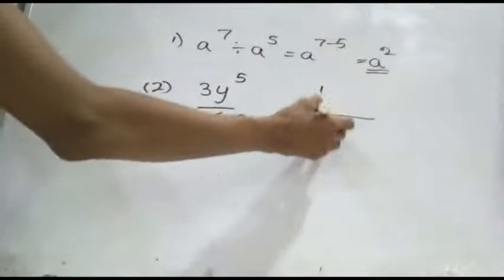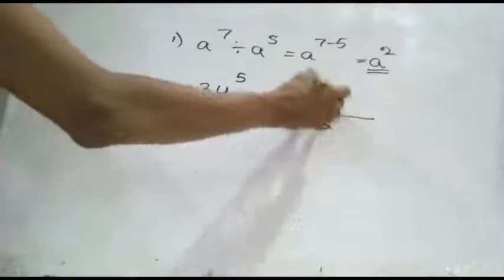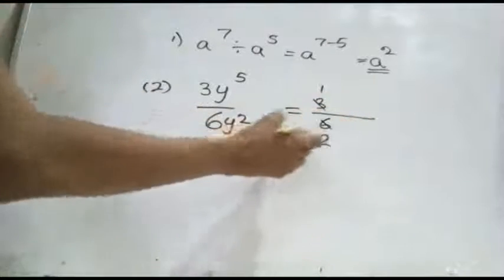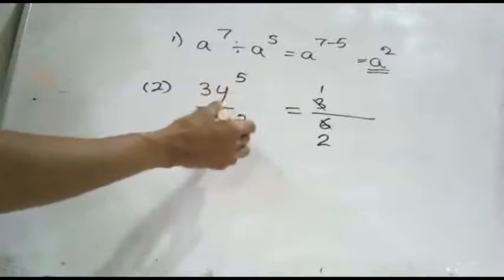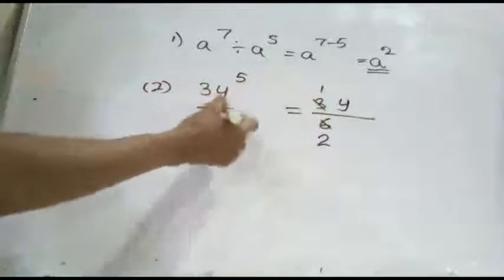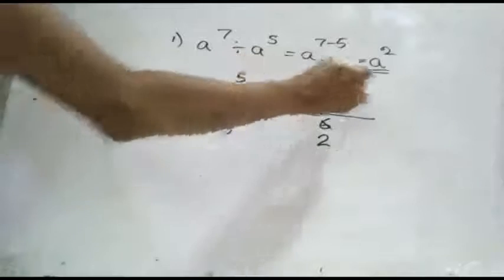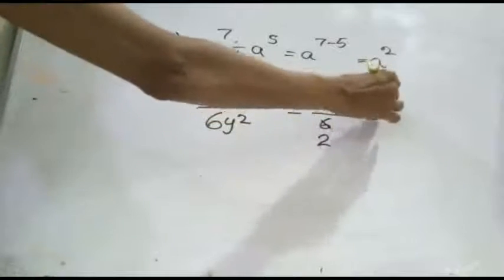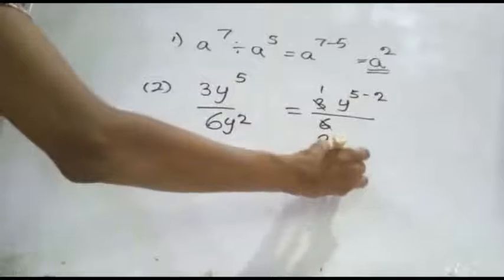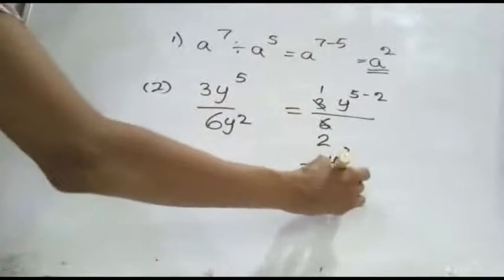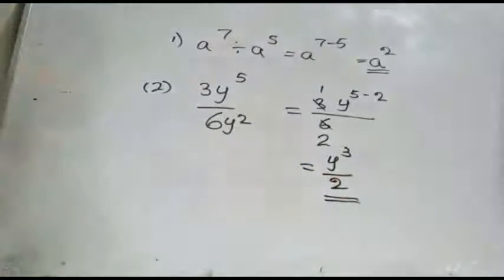Both 3 and 6 are divided by 3. 3 divided by 3 is equal to 1. 6 divided by 3 is equal to 2. Here the bases are equal, y. There is a division, 5 subtract 2. y to the power 3 over 2 is the answer.